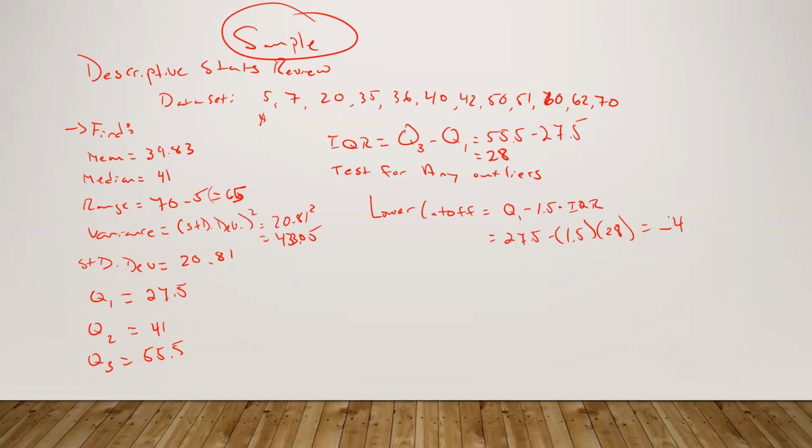Is there any value lower than minus 14.5? No, so there's no lower outlier. And then you can find the upper cutoff, which is Q3 plus 1.5 times the IQR, which is 55.5 plus 1.5 times 28.